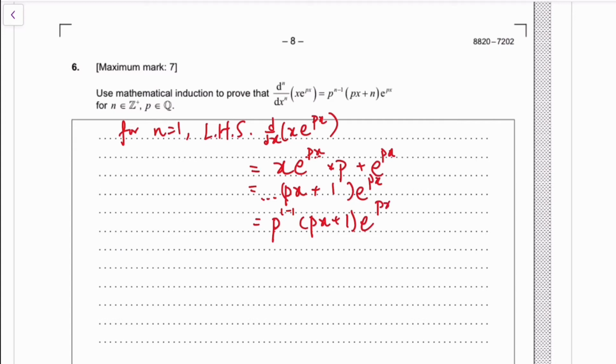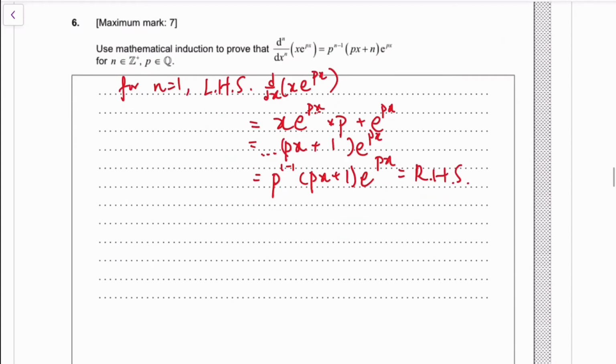So this is obviously equal to the right hand side when n is 1. So remember the format of mathematical induction, that matters. So therefore the statement is true for n equal to 1.